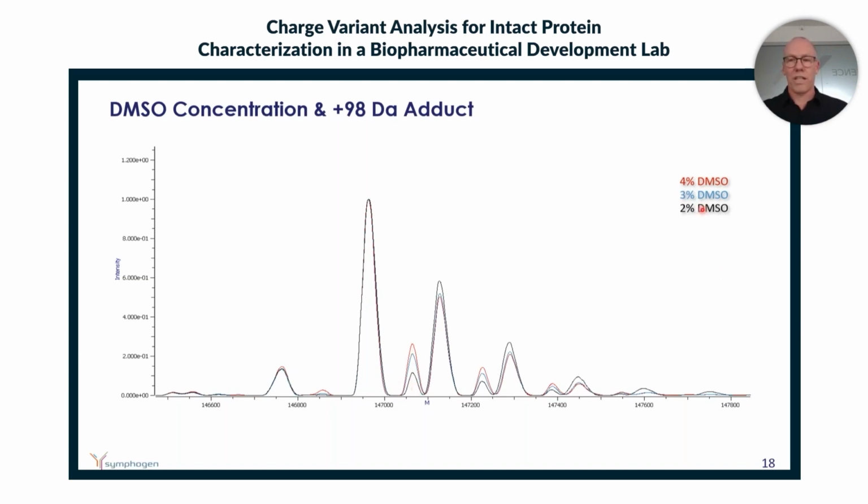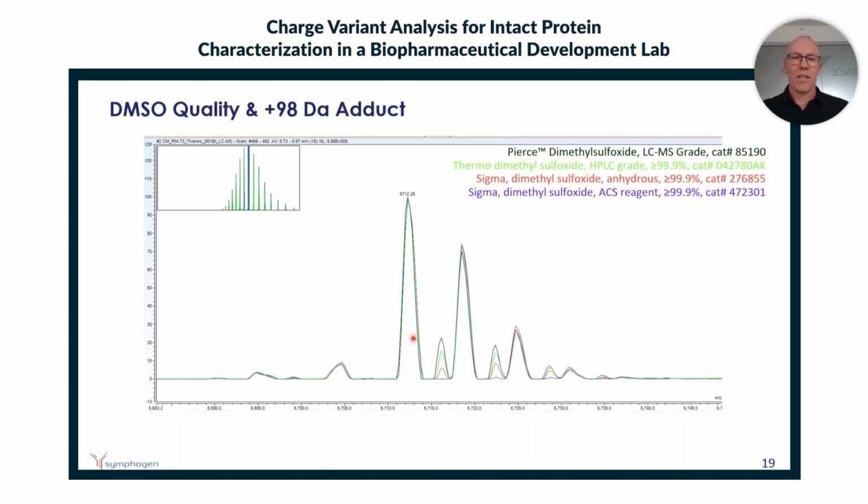And we could clearly see a drop in the signal intensity when we halved the DMSO concentration. So based on this, I asked the lab technician doing this work to buy all the different MS grade DMSO out there and test them.